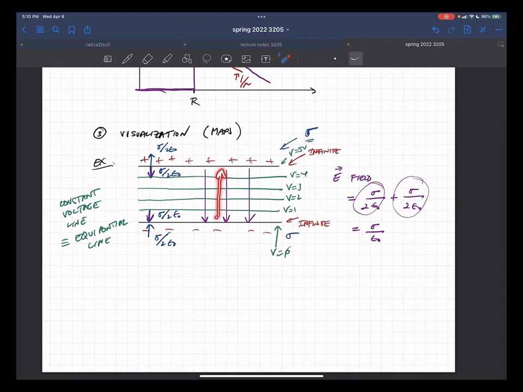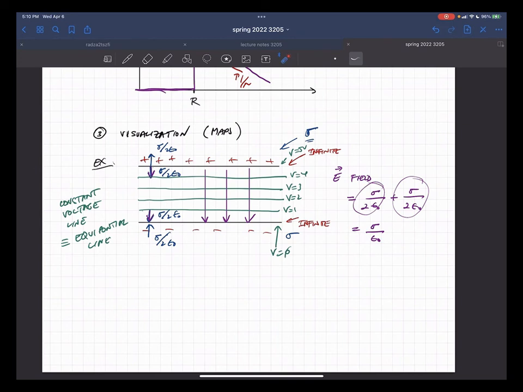If you dropped an electron here, it would lose potential energy going up to here and would pick up kinetic energy. So it would start accelerating in this direction. I guess you can think of it as slamming into that plate.